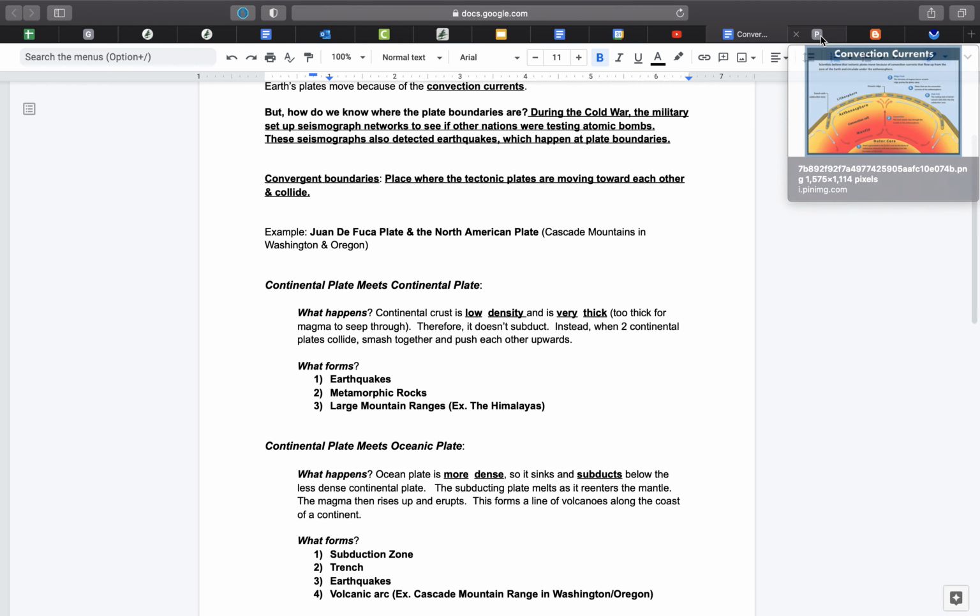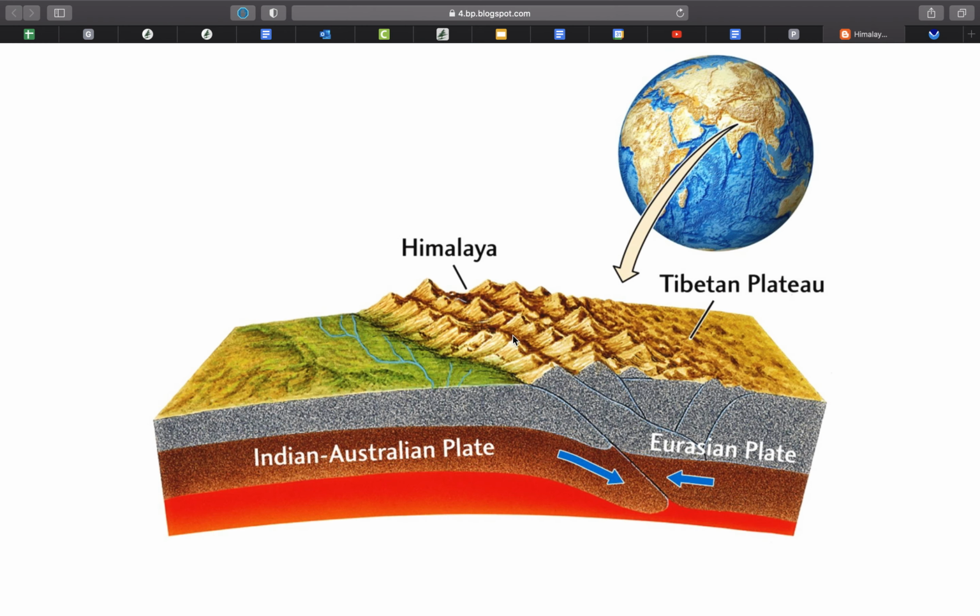So what happens here is it's kind of like a bulldozer. You have one plate crashing into another plate, and the end result is very tall mountains. In fact, some of the tallest mountain peaks in the entire world, the Himalayan mountains, are made by a continental plate crashing into another continental plate.